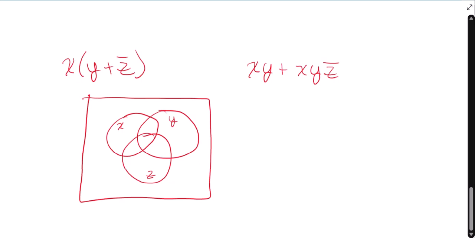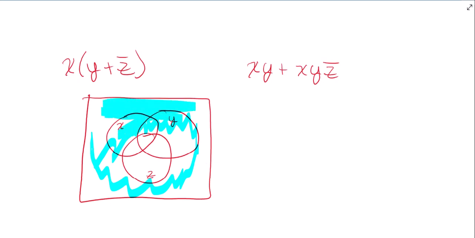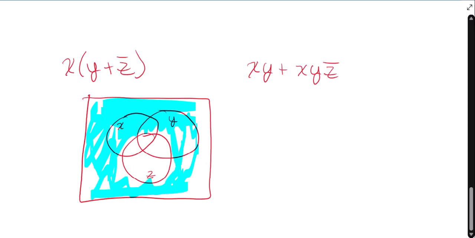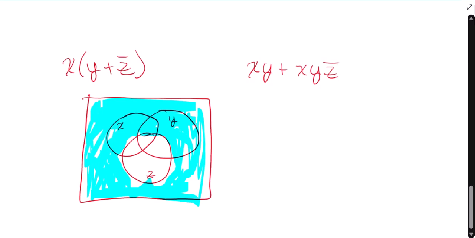So I want Y or not Z. So not Z includes everything not in Z. So everything not in Z. So that's not Z. And then it says or Y. So that means or means I include everything that's in either one of them.